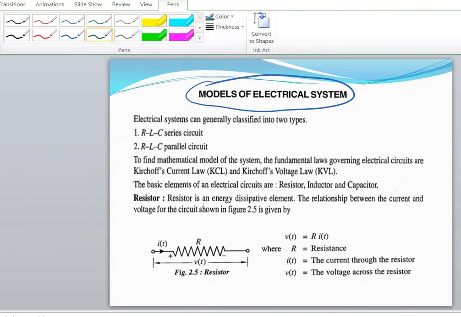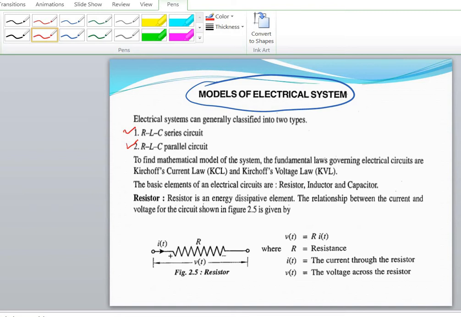Now, coming to models of electrical systems. How we obtain the differential equation of mechanical systems is also important for us. Electrical systems can generally be classified into two types: the RLC series circuit and the RLC parallel circuit.